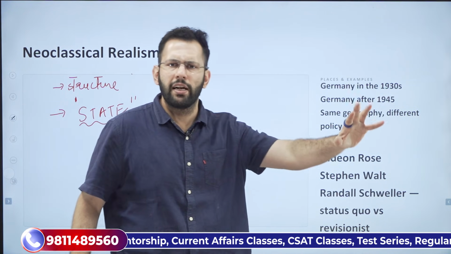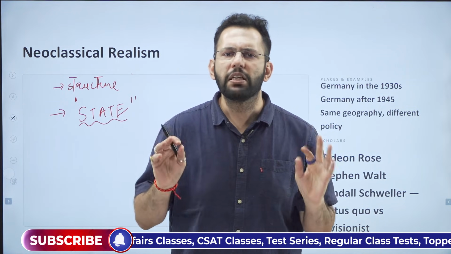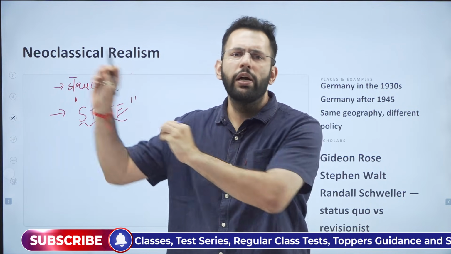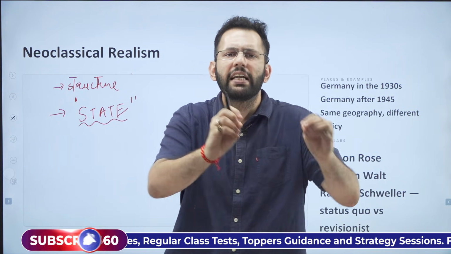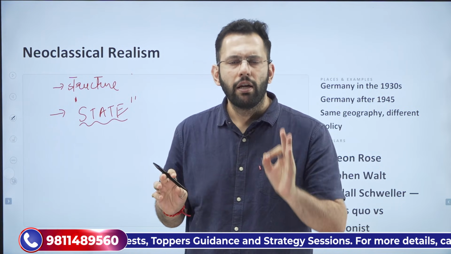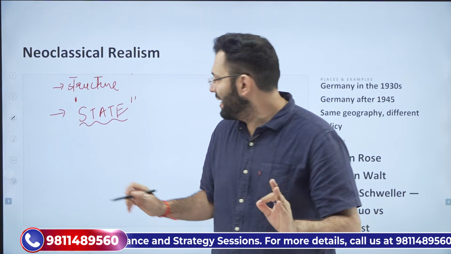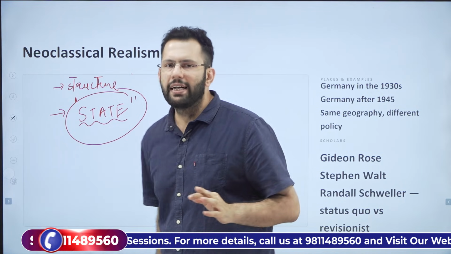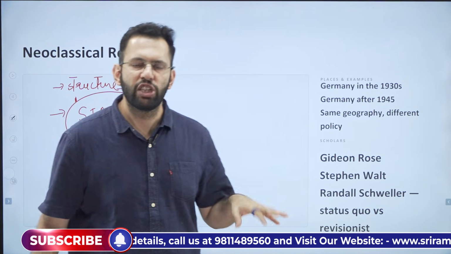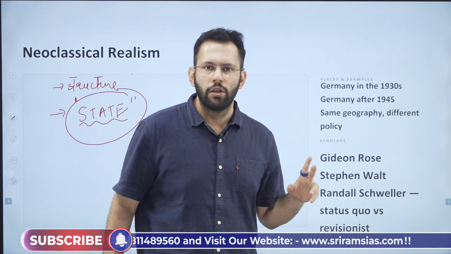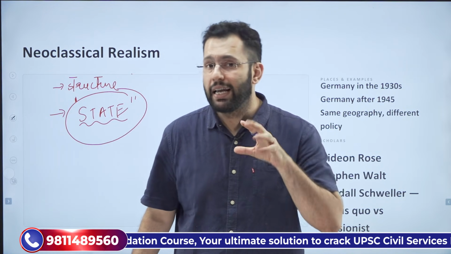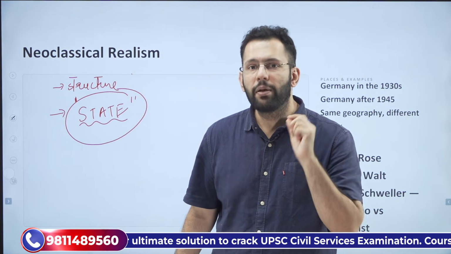Even if the structure is anarchical, a country can remain peaceful. A country can choose not to indulge in any kind of war, maintain its neutrality, when the decision is taken by the state. The state is the primary element that determines how the relationship will be shaped between countries. So this is the important paradigm that they highlight, that the state is the primary decision maker.